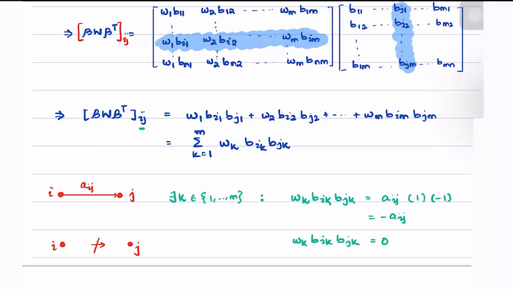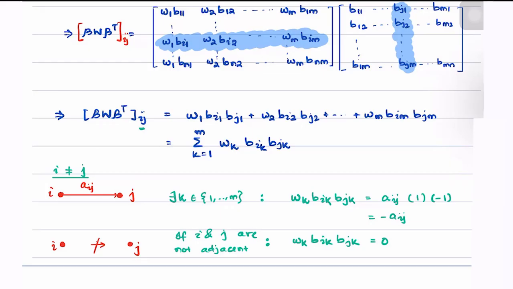So here, please remember that we have considered I and J to be distinct, or rather, I is not equal to J. Only then are we looking at the possibilities of having edges between them. And so if there is no edge, if I and J are not adjacent, then this product becomes equal to 0.